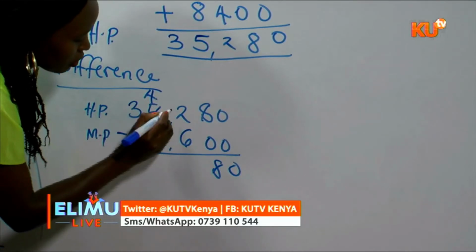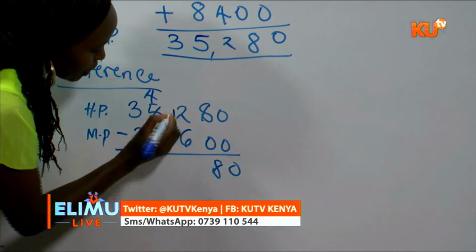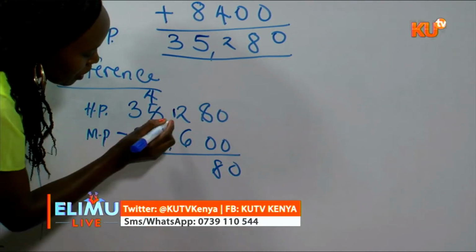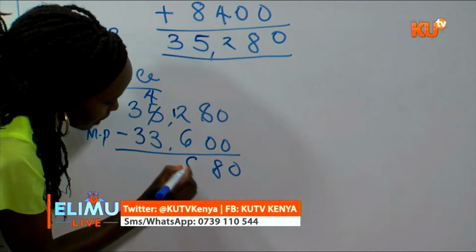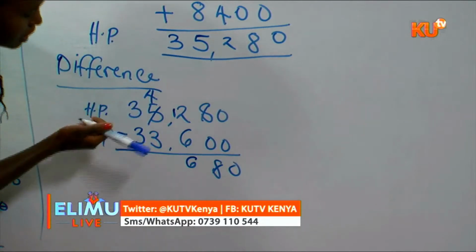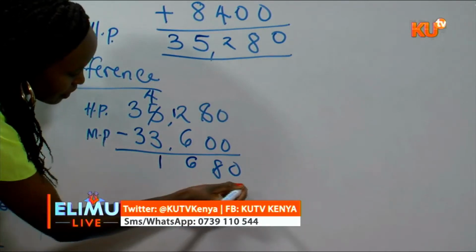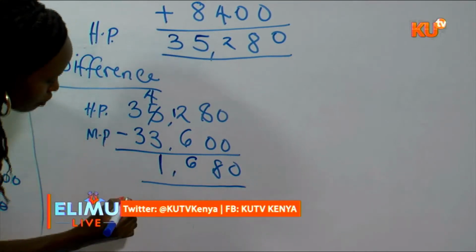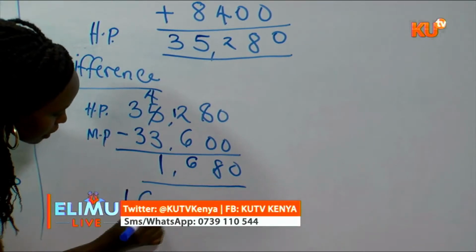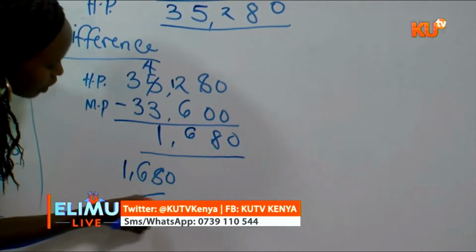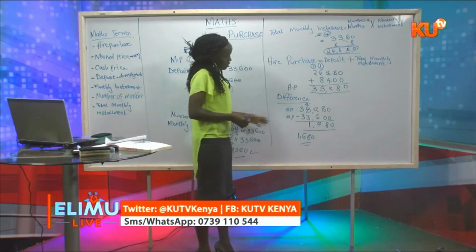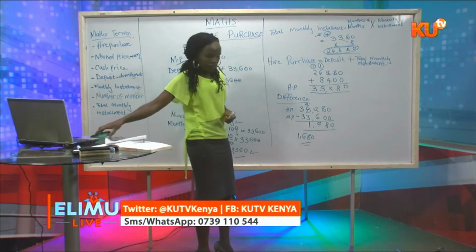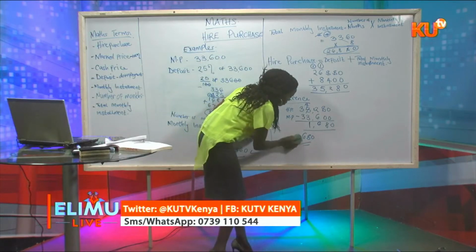We remain with 4. That one is in the groups of, we bring it here, we have 12 now. 12 minus 6, we get 6. 4 minus 3, 1. And then 3 minus 3 is a 0. So we have 1,680. Now the 1,680 is the difference between the hire purchase and the marked price.